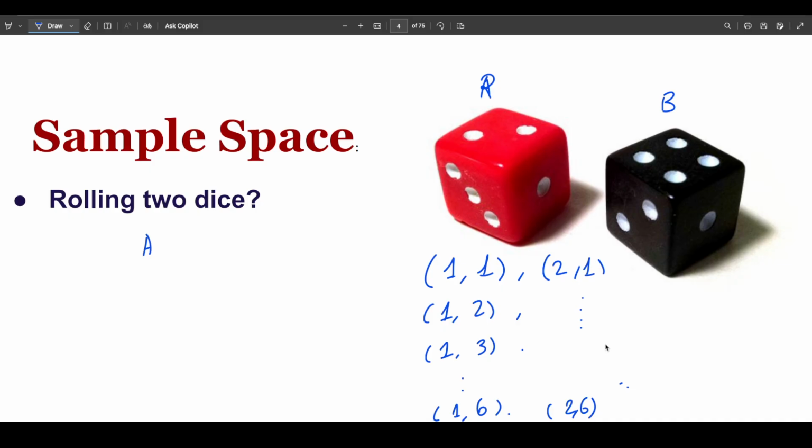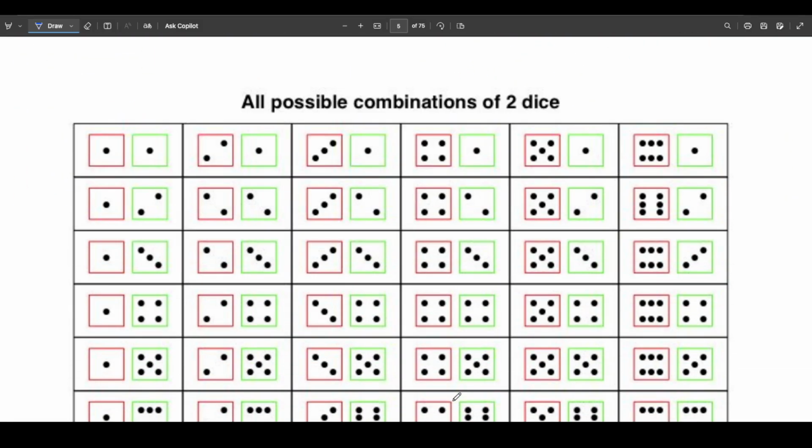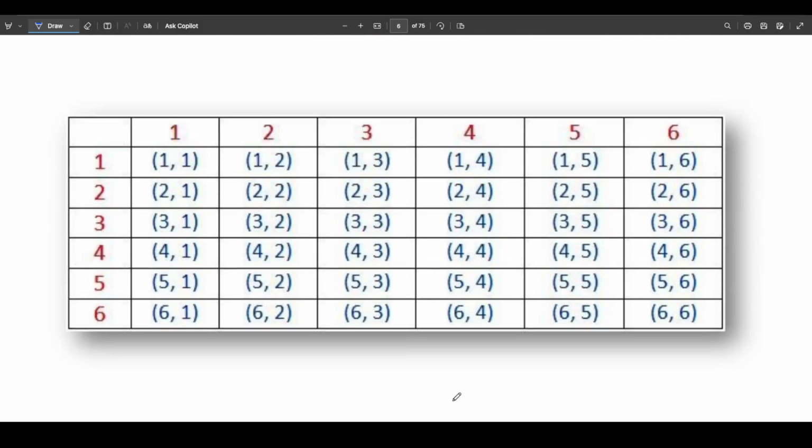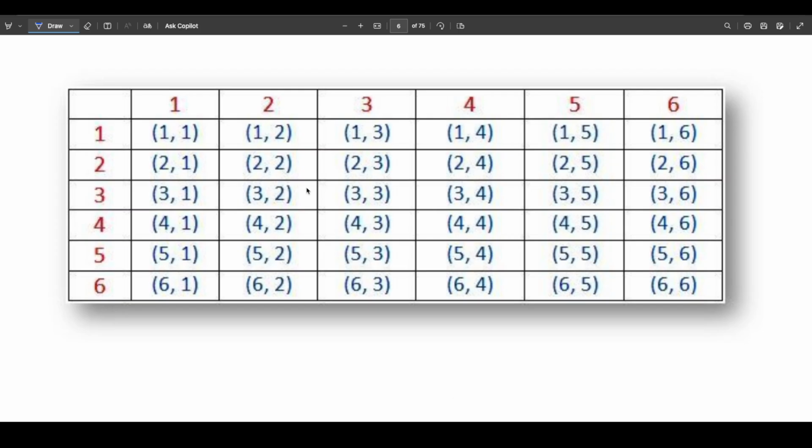If you list all the possible outcomes, you're going to have a list like this: 1 1, 1 2, 1 3, 1 4, 1 5, 1 6, up until 6 6. So for example, 3 and 4 means that for the red die the outcome is 3, and for the black die the outcome is 4.